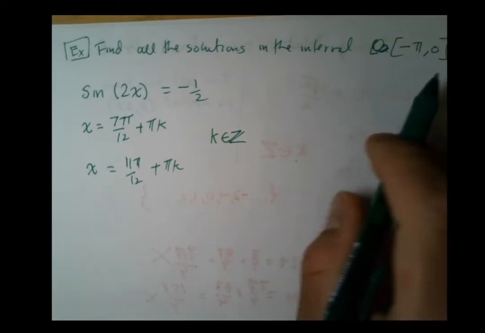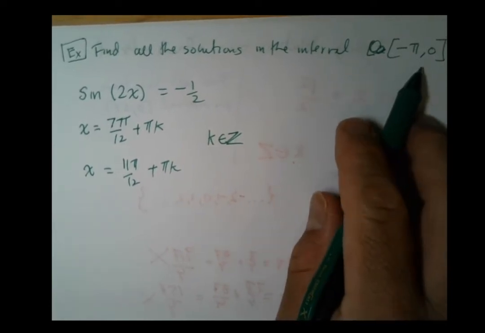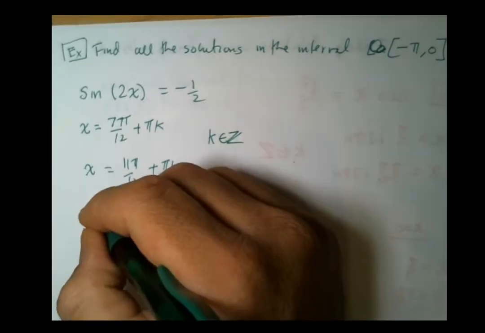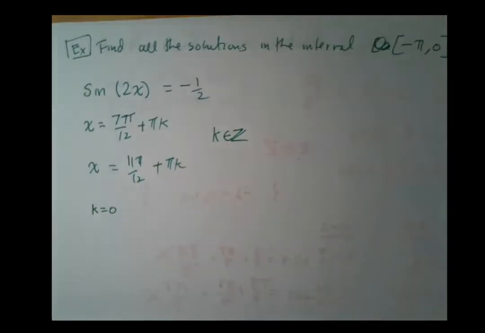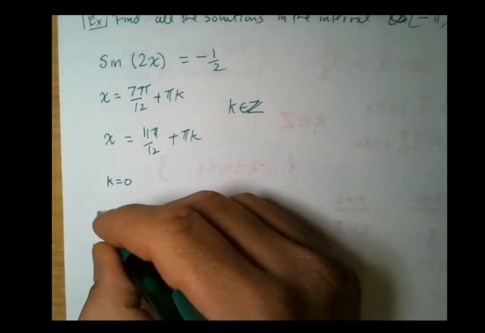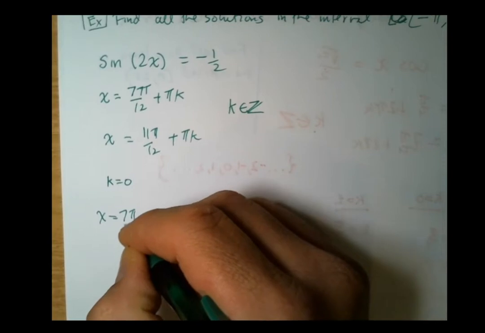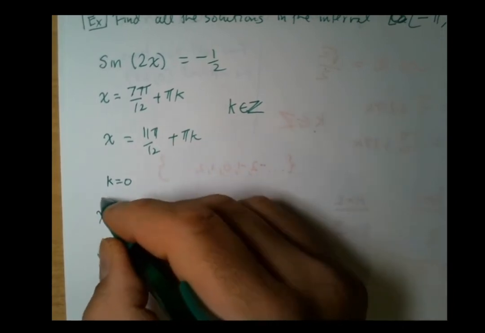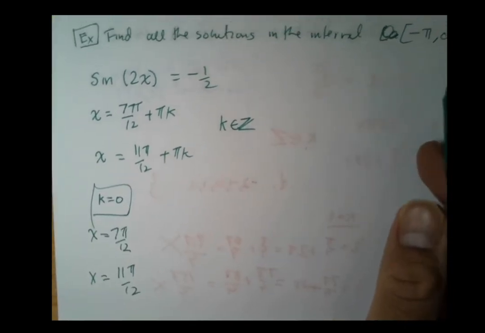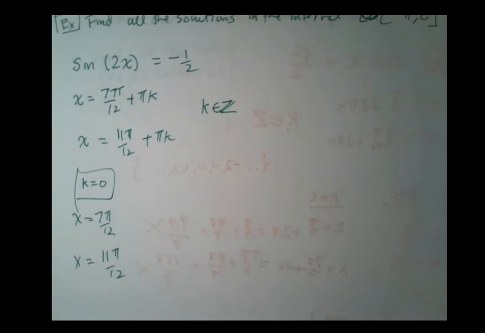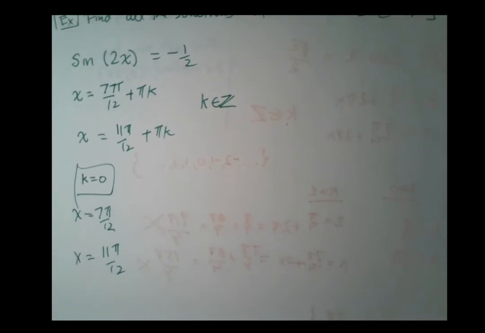Now looking at my interval, I'll start with k being 0. When k is equal to 0, this part just becomes 0. So we get x is equal to 7 pi over 12, x is equal to 11 pi over 12. But these are not in my interval. These should either be 0 or a negative value between 0 and negative pi.